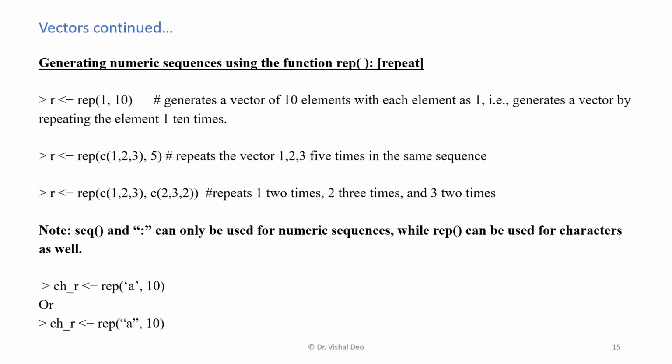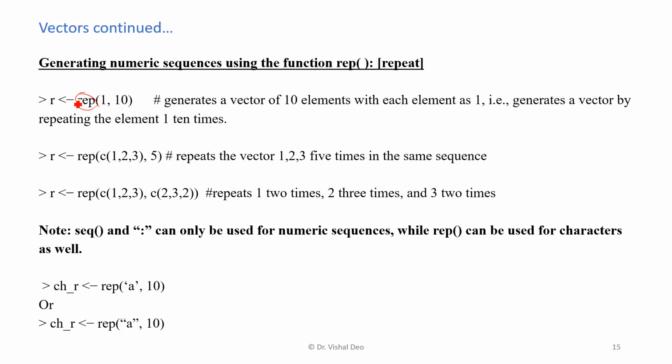Another way of generating sequences is when we want to repeat certain values. Suppose you want to create a vector of size 10, that is, it has 10 elements, but each element is equal to 1. So this rep is for repeat, it is the repeat function.